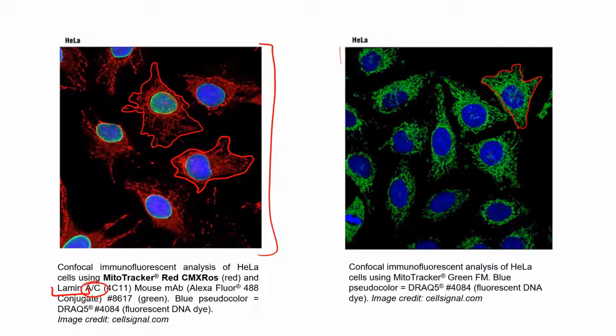To decrease this kind of skewing in color seeing, we might take the monochrome images of these channels. If we take the monochrome of this red channel and the monochrome of this green, we would see the real values of the intensities. Black and white might actually seem the same.